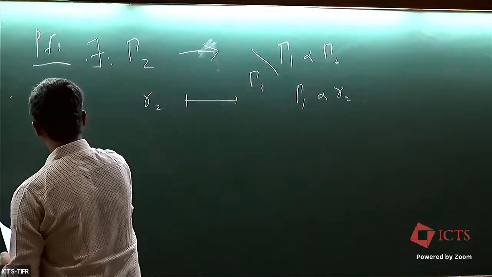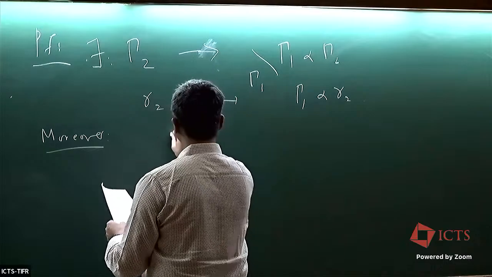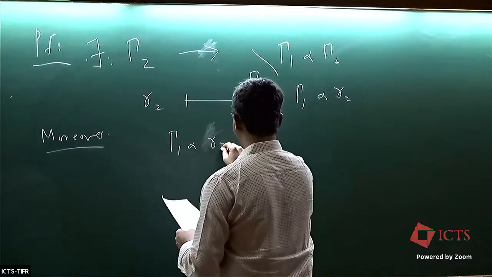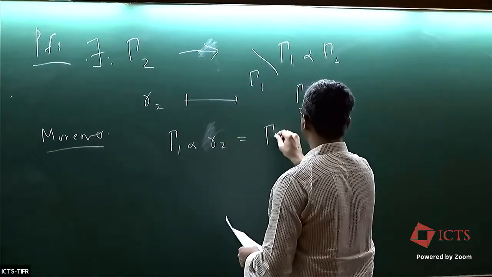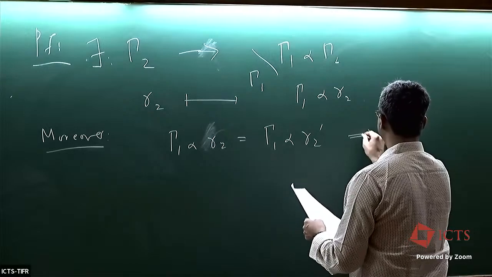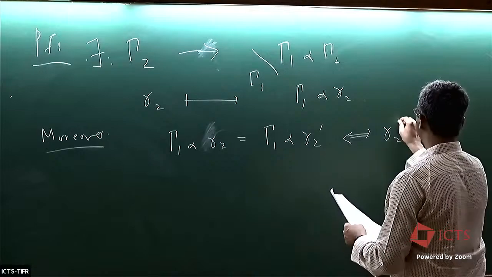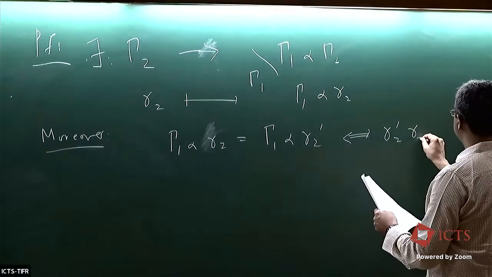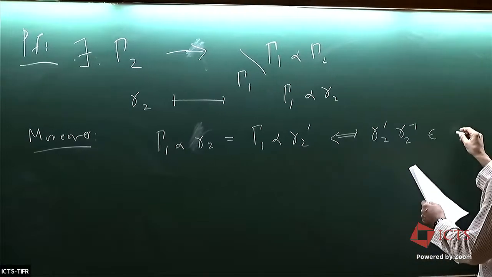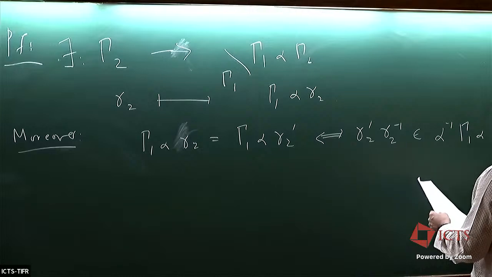We're over gamma 1 alpha gamma 2 is equal to gamma 1 alpha gamma 2 prime. So maybe I won't write the whole proof. Just check this, gamma 2 prime, it's more or less an obvious mental exercise. I won't write all the steps. Gamma 1 alpha intersection gamma 2.